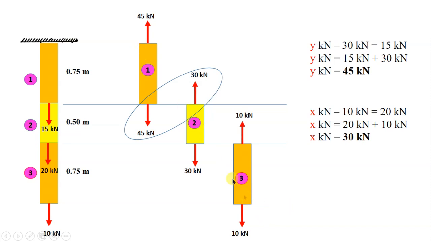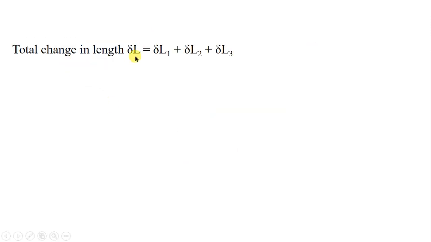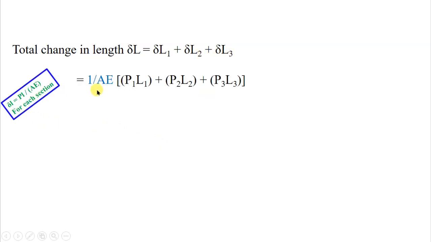With these three free body diagrams, we are going to calculate the change in length for each section and adding up together to find the final change in length of the given problem. So here the total change in length delta L is equal to delta L1 plus delta L2 plus delta L3. In the problem, area is common, E is common.